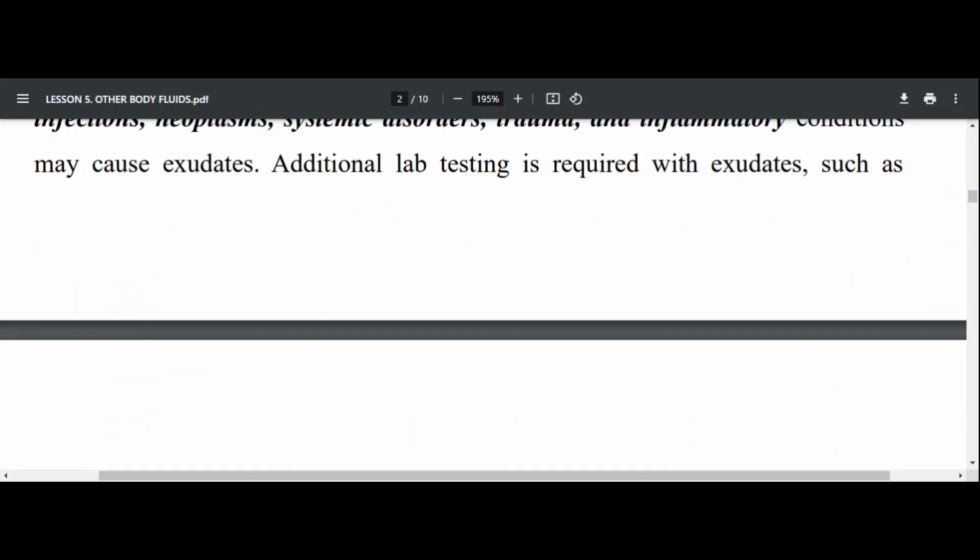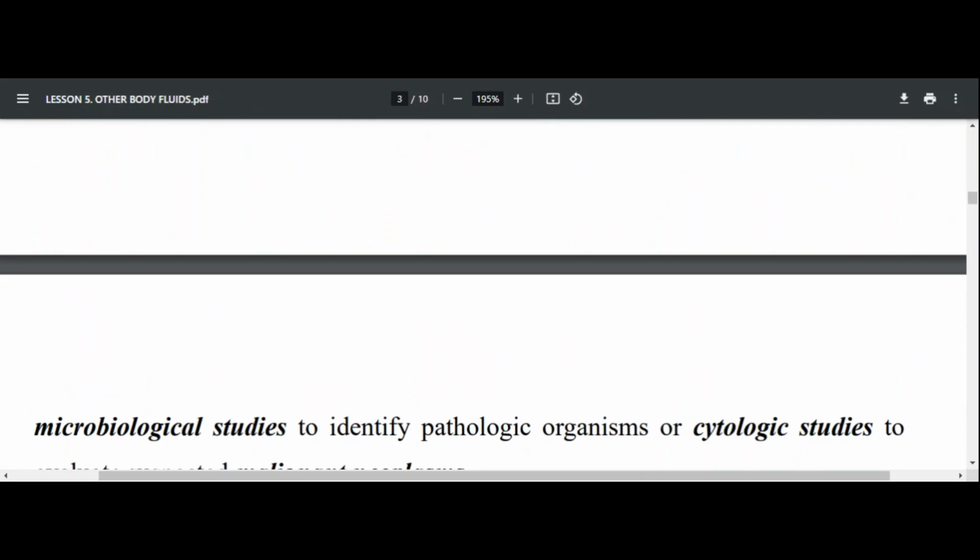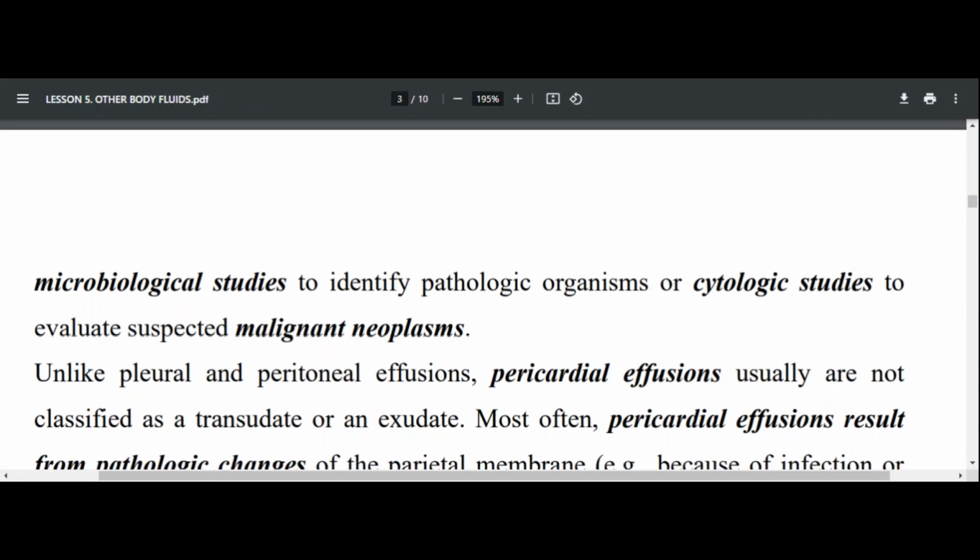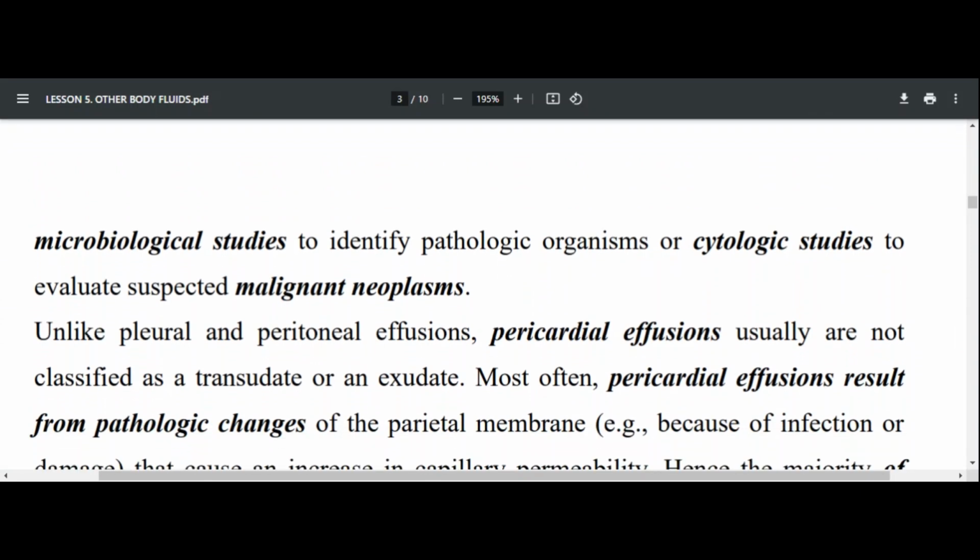So in such a case, when the fluid is identified as an exudate, there must also be additional lab tests, for example, microbiological studies, in order to identify a pathologic organism associated with that fluid, because the fluid is a source of a certain inflammatory condition, which may also be triggered by microbiological agents.